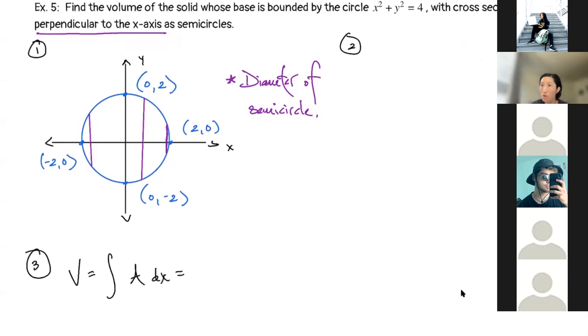Can someone confirm why Ethan is correct? Why is that going to be dx? Okay, because we're stacking along the x-axis.